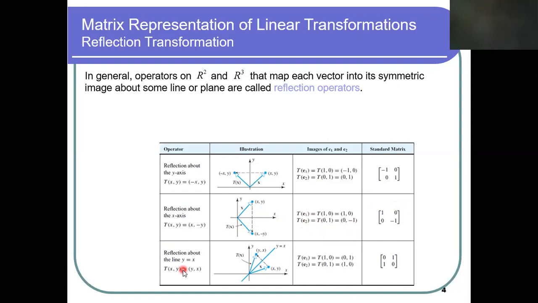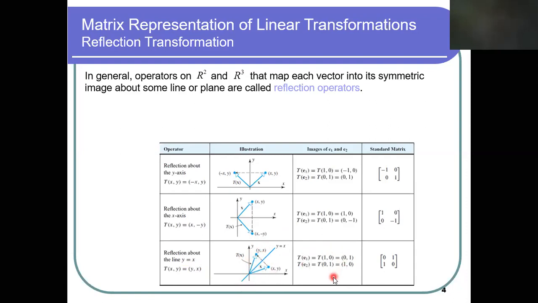Now reflection about the line y equals x: T(x, y) equals (y, x), which means x becomes y and y becomes x. In that case, it is reflection about the line y equals x. So if you have this vector initially, after applying T, your output will be (y, x).